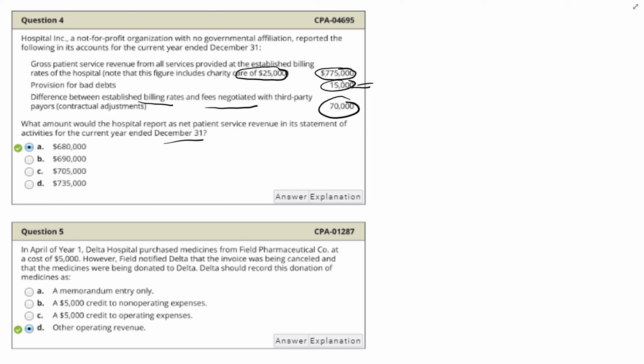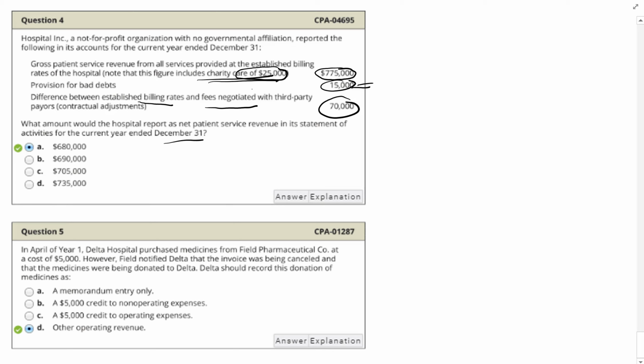Now here you have to also think of charity. This is their charity care, so they need to subtract the charity care from their gross patient service revenue. And if you remember the last couple of journal entry examples from chapter 18, any contractual adjustments will also reduce the revenue.